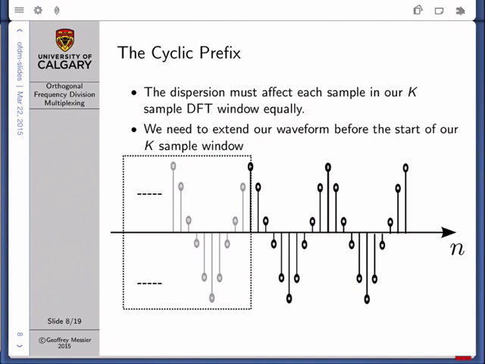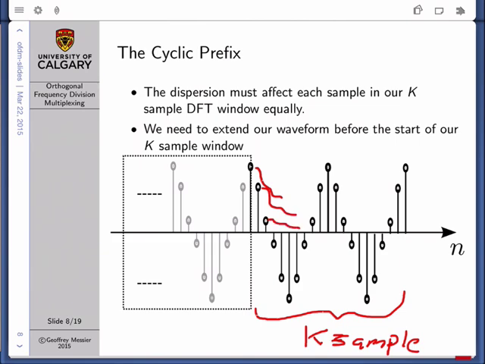So this section of the waveform is our k-sample window that's being operated on by the DFT. Now, dispersion is going to cause a smearing where this sample smears into the next one, this sample smears into the next one, and this sample smears into the next one, right? And so all of these samples are smearing into their neighbors.